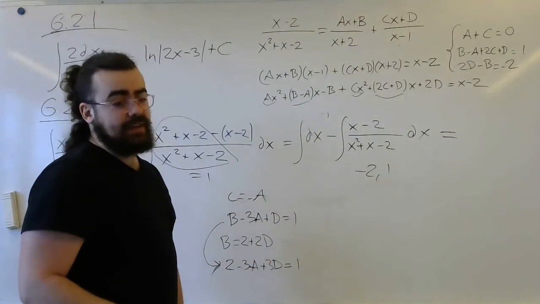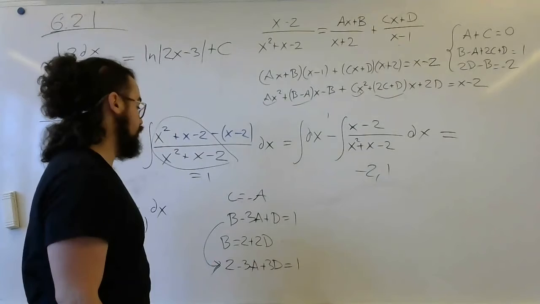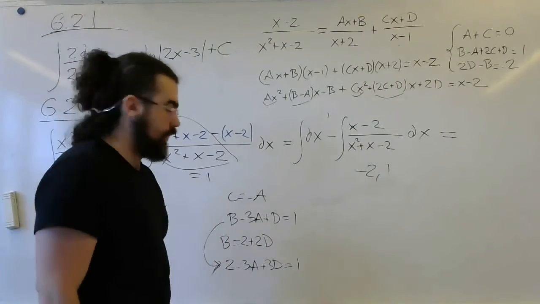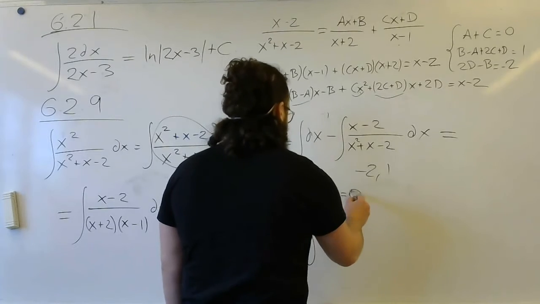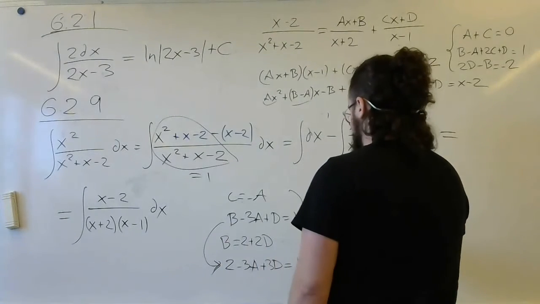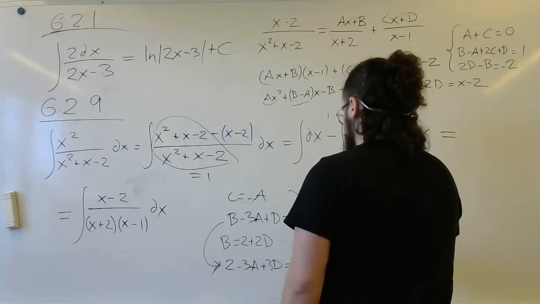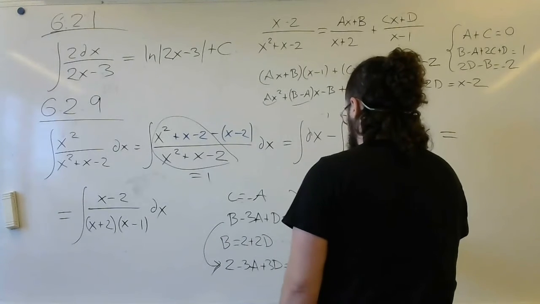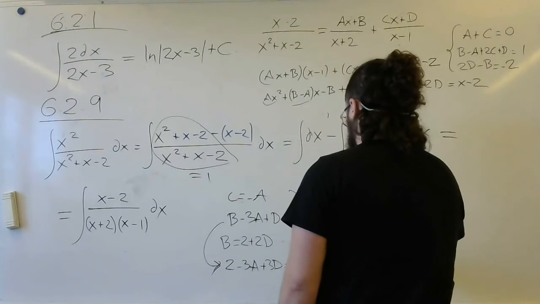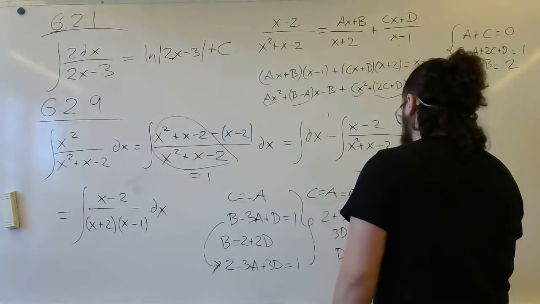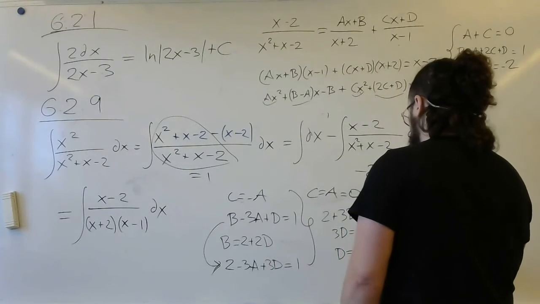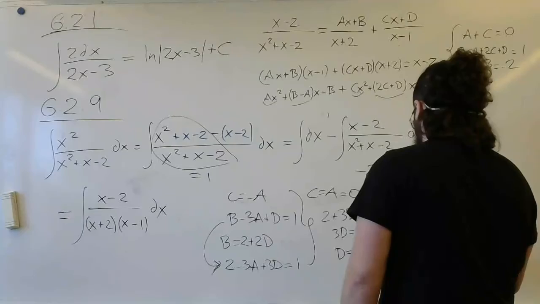So the first thing that we notice here is that I have three equations, actually two equations with four unknowns, which tells me something very interesting, and is that c equals a equals 0. From this we have d is minus 1/3, and b is 2 minus 2/3, which is 4/3.